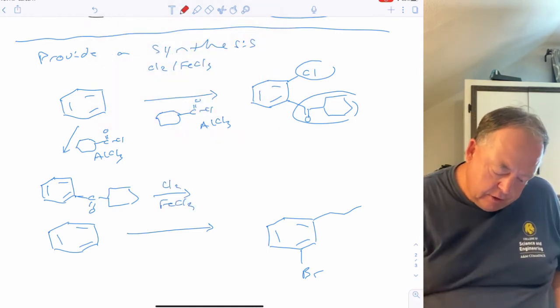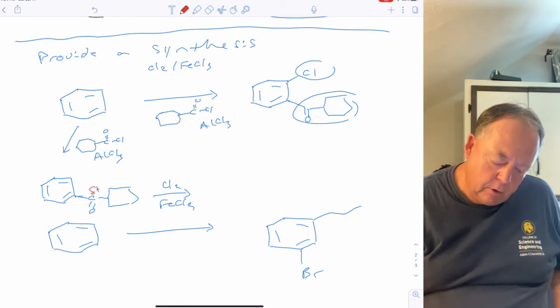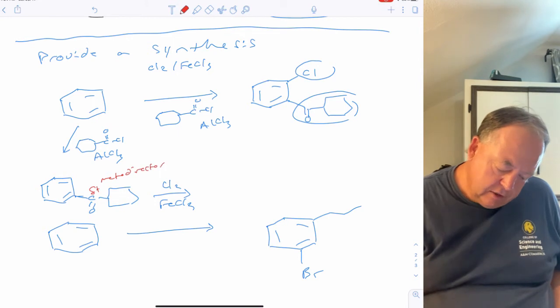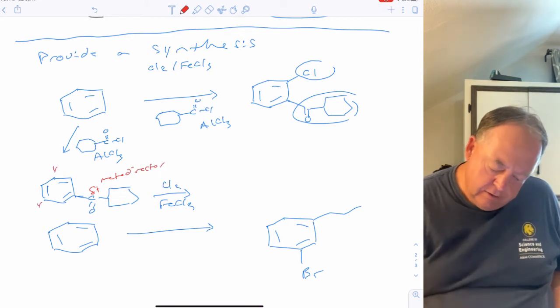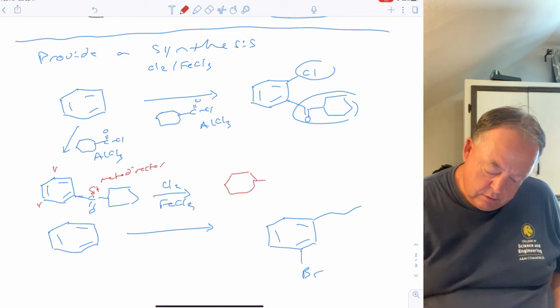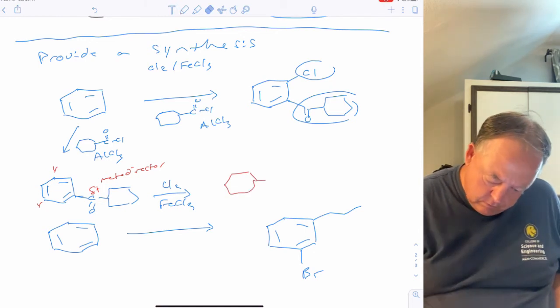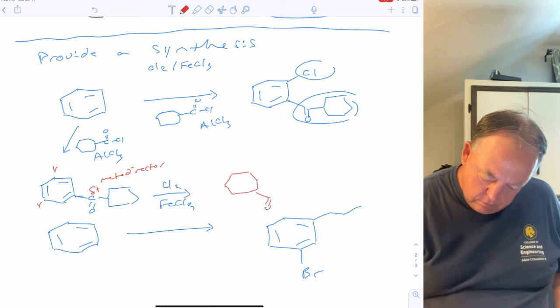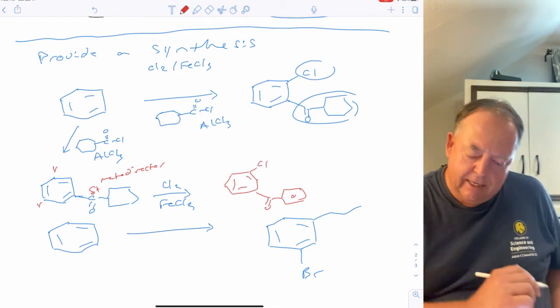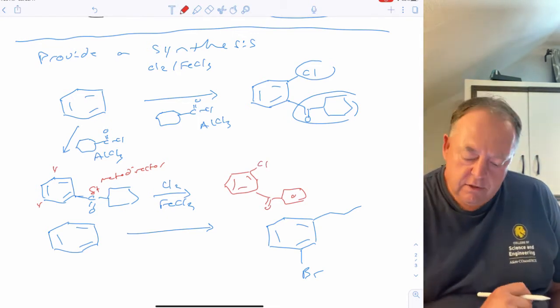And the answer is no, it does not, because that carbon is partial positive, so this is a meta director. So that would want to put the chlorine here or here. So if you did this, then what you would make is that, which is not what you want.